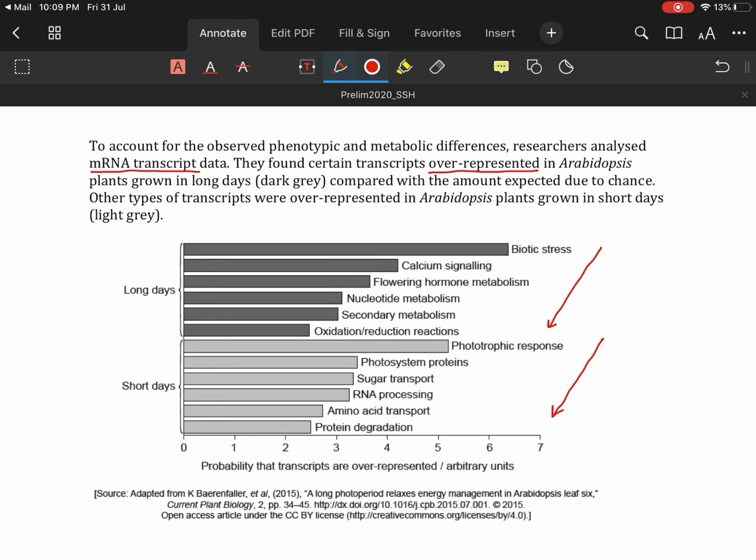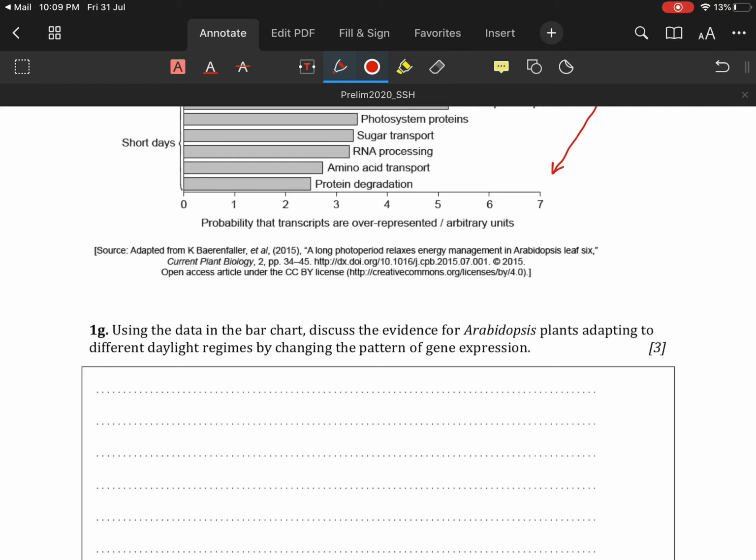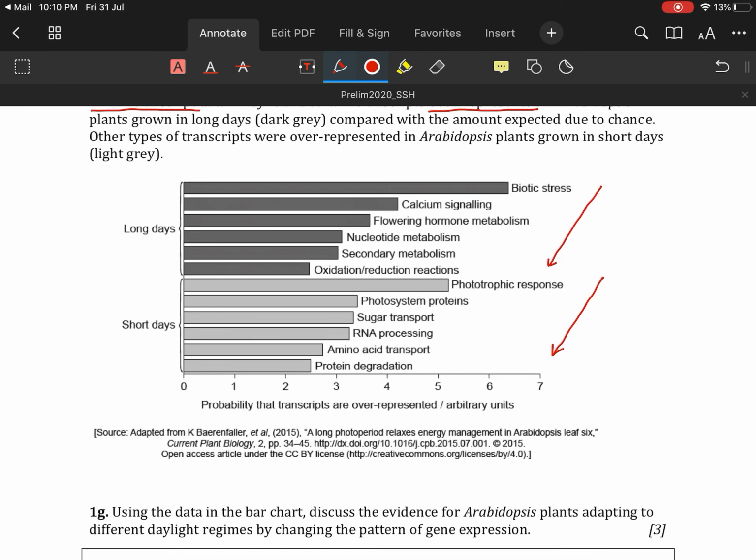So you can see few things are changed here and here. Using the data, discuss the evidence for plant adapting to different daylight regime by changing the pattern of gene expression. So you can connect it with your general information, that long days means more sunlight.